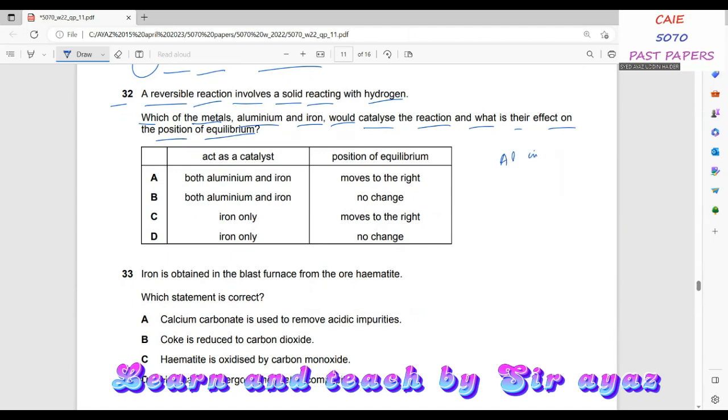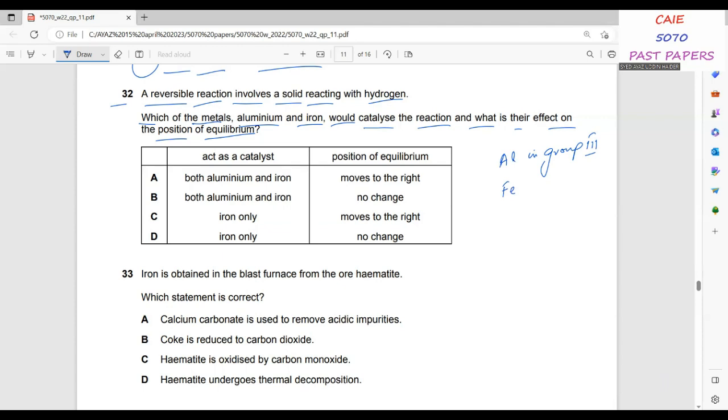Aluminium is in group 3, iron is in the transition metal group. So iron can be used as a catalyst. We can't use aluminium as a catalyst. So automatically choices A and B are incorrect.